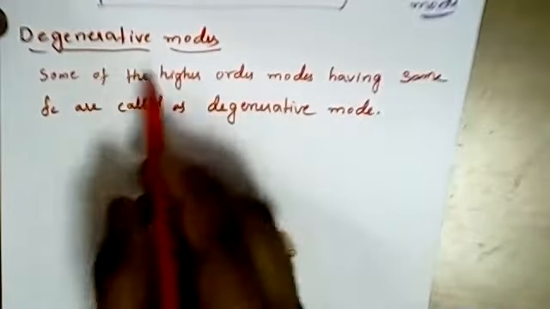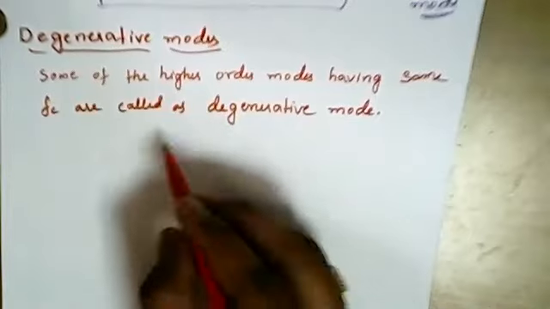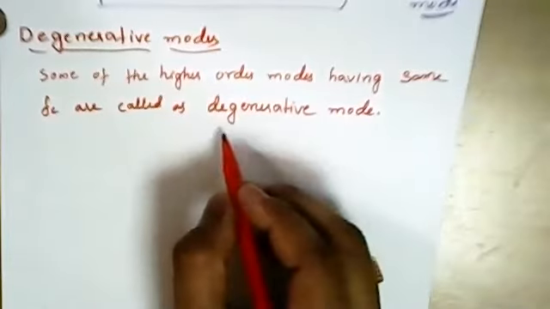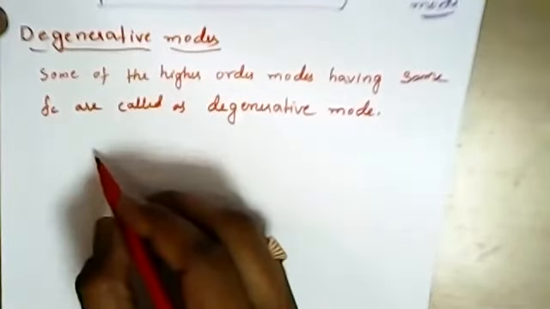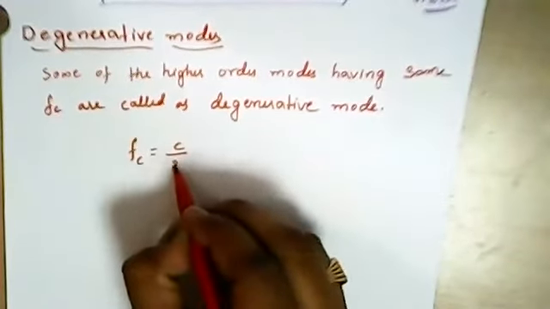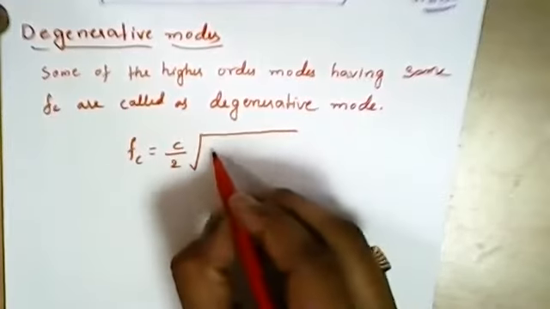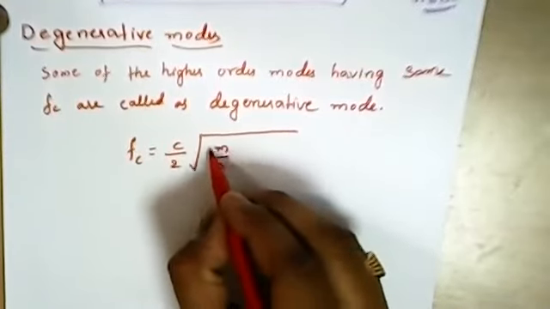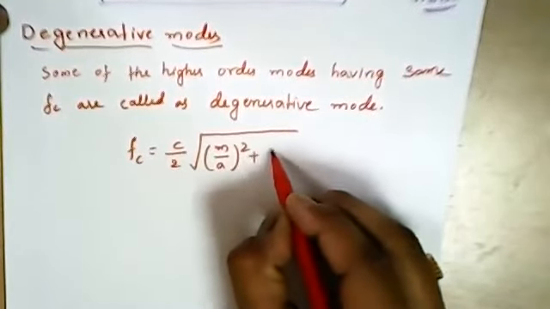Okay, let me justify this definition here. You can take an example where this can be explained with FC. We know the expression FC is equal to C by 2 times the square root of (M by A) whole square plus (N by B) whole square, which we have derived in the previous classes.